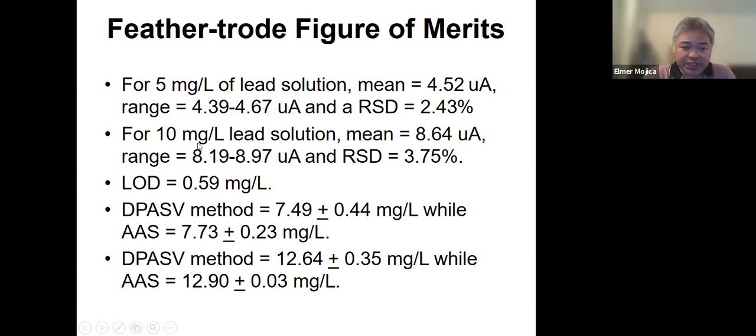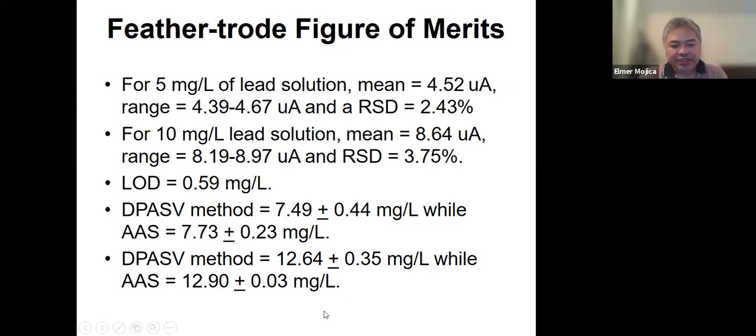Now for 10 milligrams per liter of lead solution, it's 8.64 mean with a range of 8.19 to 8.97. As you can see, it's a little bit linear. Dumoble yung signal niya after doblehin namin yung concentration. And the RSD is unfortunately higher. So we determined the limit of detection, and we found it as around 0.59 milligram per liter.